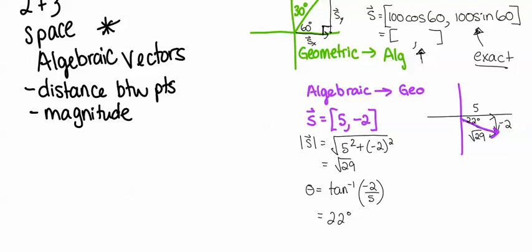So if we wanted to say this as a geometric vector, we could say root 29, and then give it a direction. I know this angle here is 90, this one's 22.